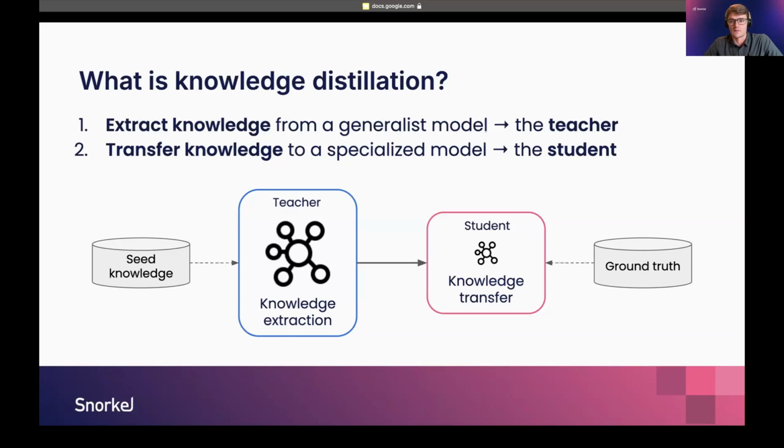I think that's actually one of the most interesting directions of research now in the era of large language models, what type of knowledge we can extract from our teacher. In the knowledge transfer process, we're going to take that knowledge we extracted and potentially ground truth. This is actually optional, so we can learn only from our teacher if we want to do so.